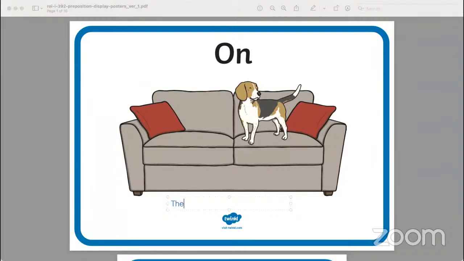Yeah, so you should write the dog is standing on the sofa. Make it bigger. Well done. So on the first picture, guys, you should write dog is standing on the sofa.